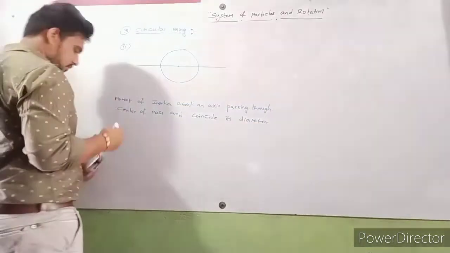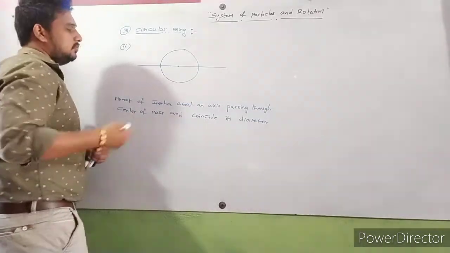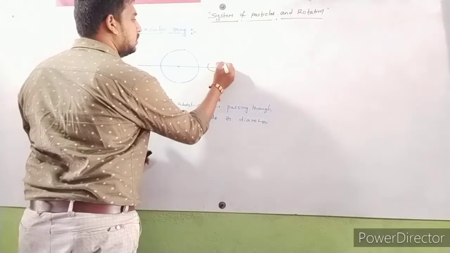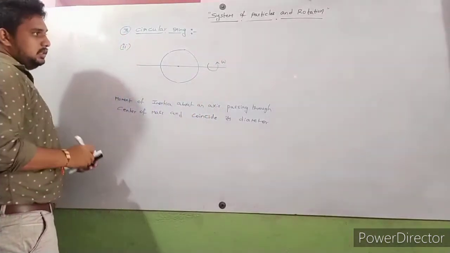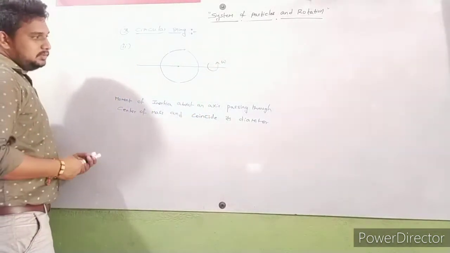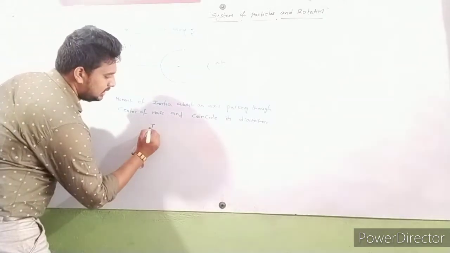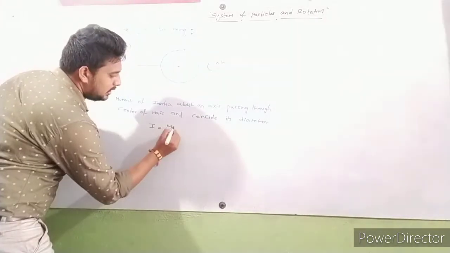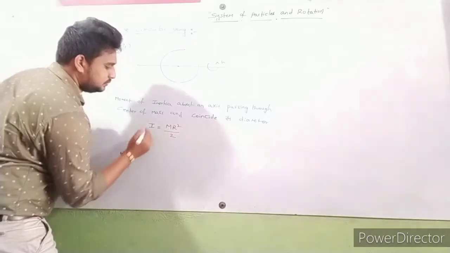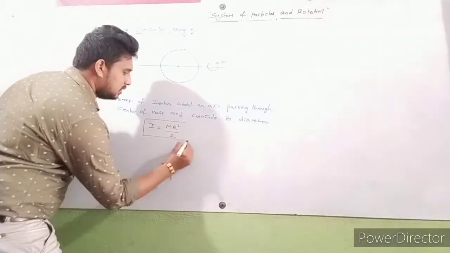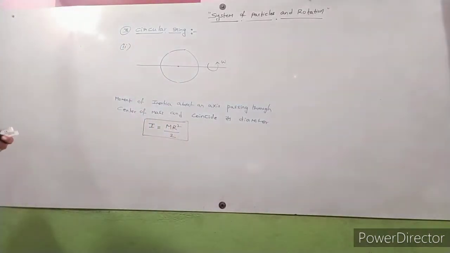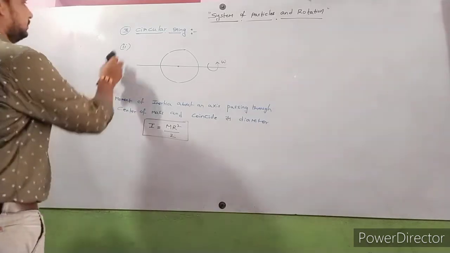Okay. So now for this one, angular velocity omega. So now for this one, moment of inertia I is equal to mr square by 2. Next, case 3.